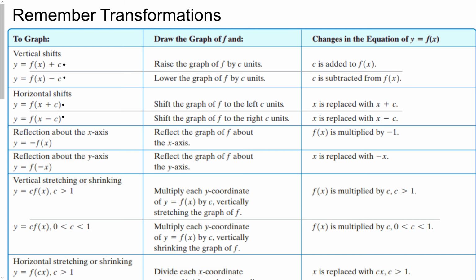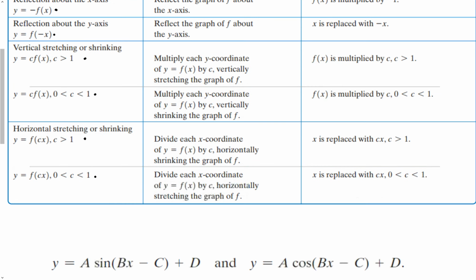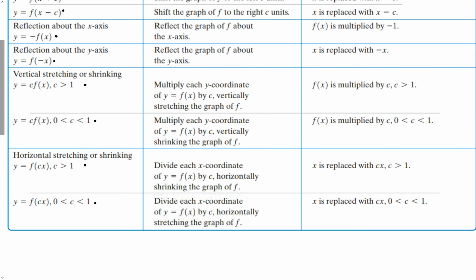We added stuff to the inside of the function to move it left or right. We reflected in the x, we reflected in the y. We did a vertical stretch or a vertical shrink, and a horizontal stretch and a horizontal shrink. We are going to do all of these on the sine function and the cosine function, but they're just going to have different names.